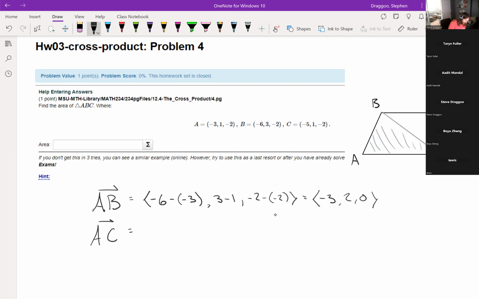If we go at that again, but this time connecting A and C. So I'll start at C and subtract away A. Means I've got -5 minus -3.